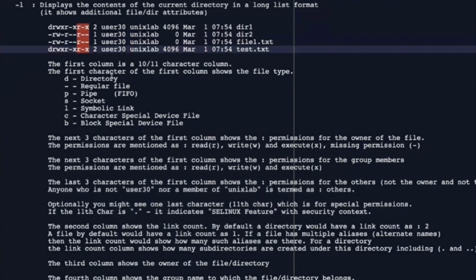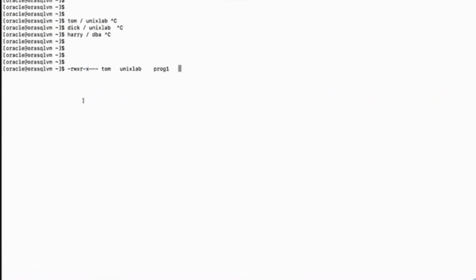Well, in the first case, they can read and execute but cannot write. In the second row, they can read but cannot modify and execute. In the third row, they can read and execute but cannot write. Now, on the same lines, if I take this example, the owner is Tom, the group members are unixlab.